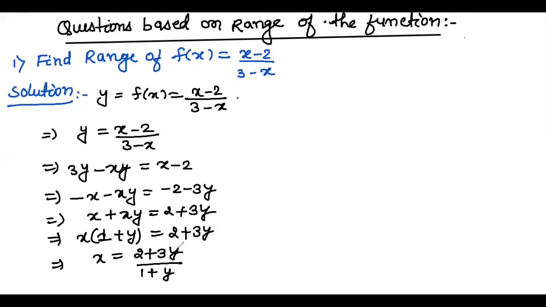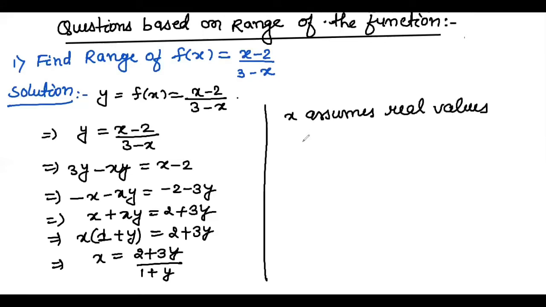Now x assumes real values for all y except y plus 1 equals 0. If we apply y plus 1 equals 0, then x will be infinity, so we can't take that. So we write: x assumes real values for all y except y plus 1 equals 0.